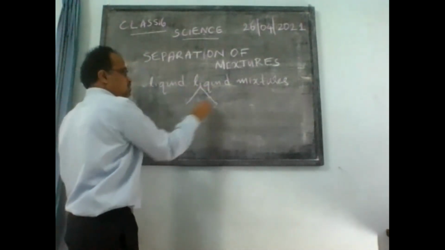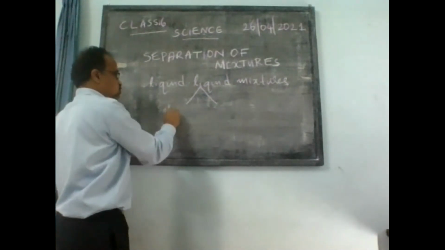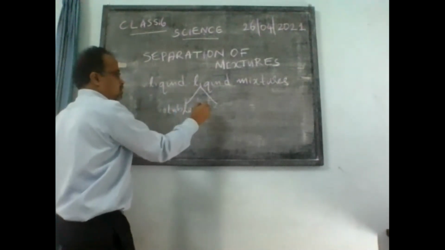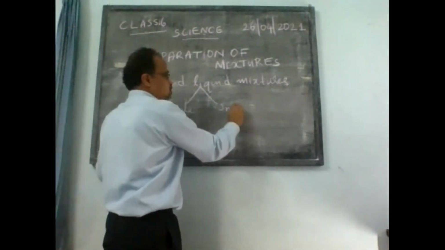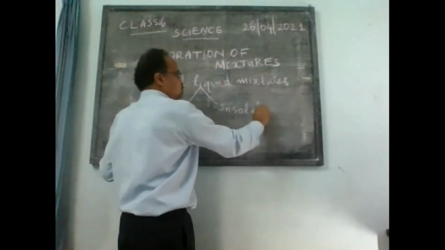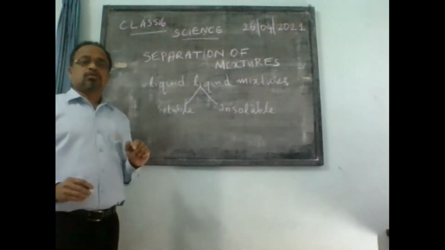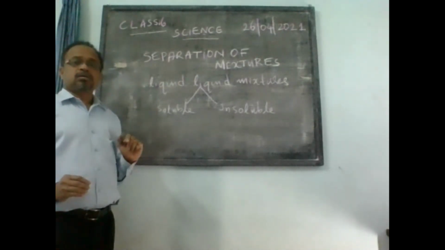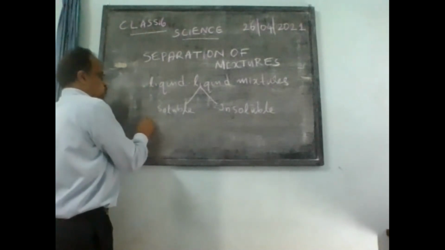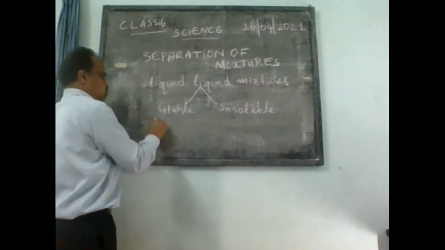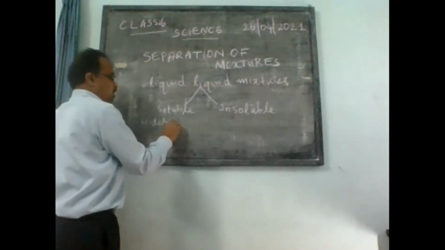One is soluble liquids, the other insoluble liquids. Soluble liquids, for example, water and alcohol.